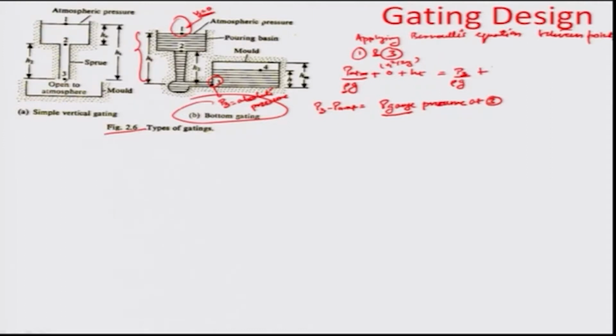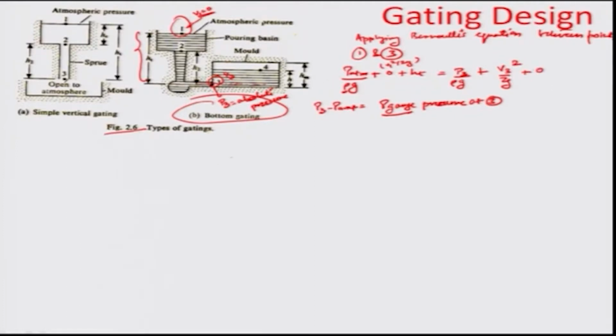Let us suppose the velocity at this particular point is V 3, because the fluid is running from a certain height h t all the way to the datum line, which is somewhere around this corner here, right about where V 3 is being estimated. So, V 3 square by 2 g, and then the height from the datum line that we consider is 0.